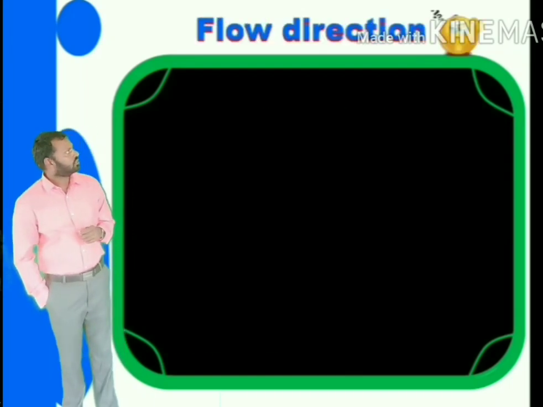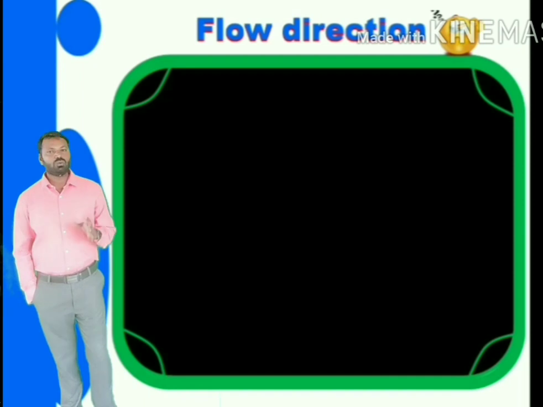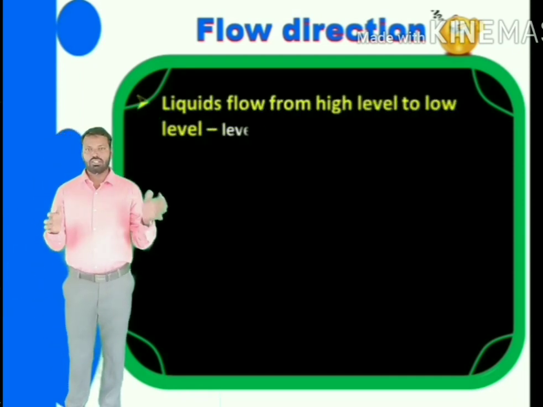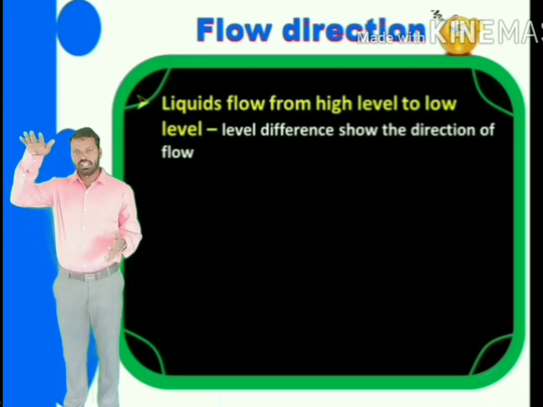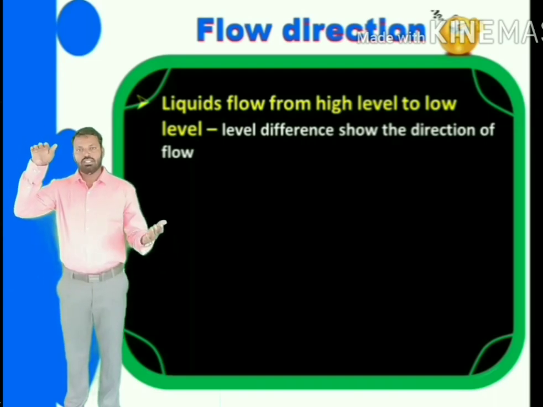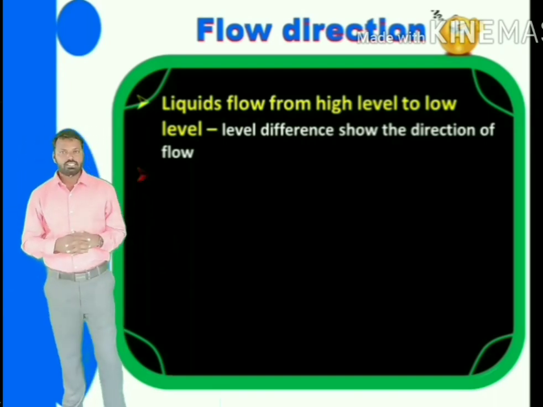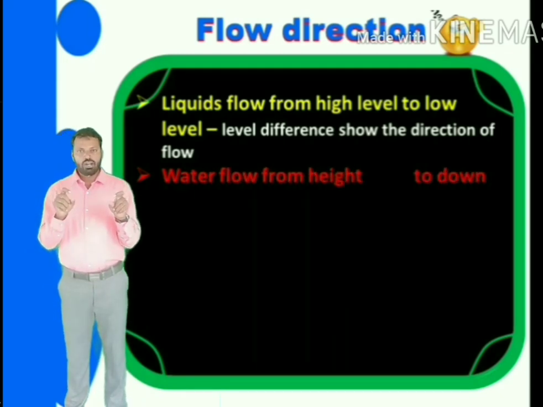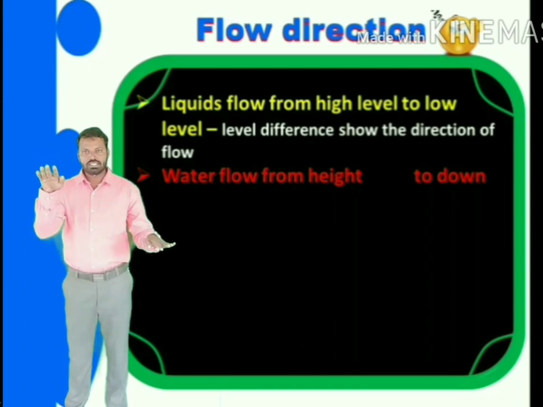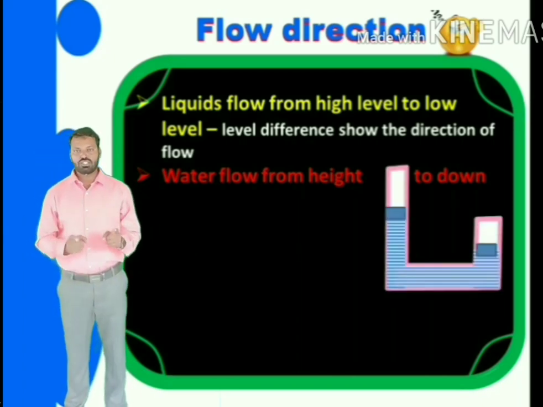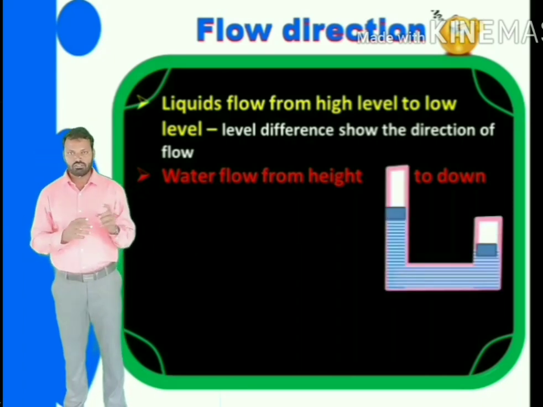First, generally, how do liquids flow from one point to another point? Always liquids flow from high level to low level. Like water, water always flows from height to down. That means the level difference shows the direction of flow of liquid.